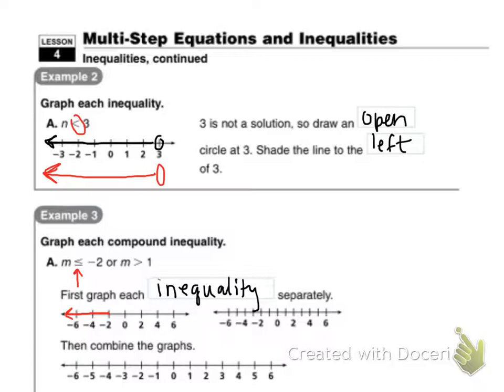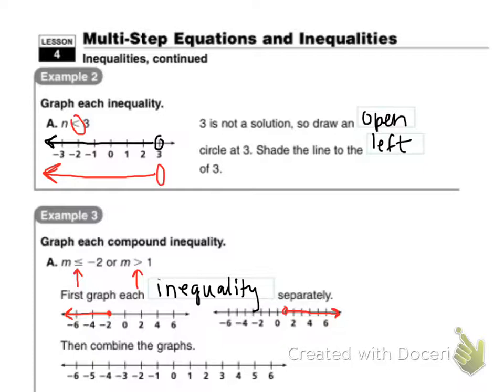So you're going to have a closed circle at -2, and your arrow is going to continue everything less than -2. Or m is greater than 1. So because it's not greater than or equal, it's just greater than, you're going to have an open circle and have everything greater than 1. So this is how we're going to graph a compound inequality.